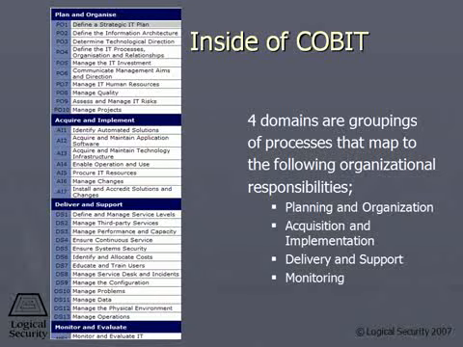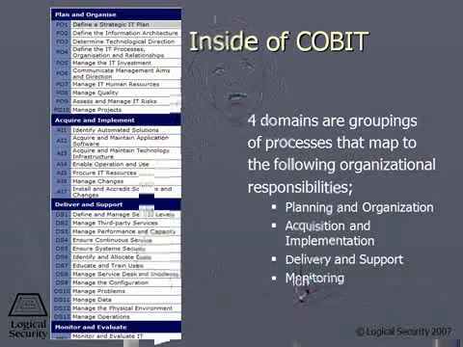In COBIT, there are 4 domains. It's broken down into planning and organization, acquisition and implementation, delivery and support, and monitoring. So it has all of these different domains, and within security, we're usually just looking at the delivery and support domain that ties into the security issues.